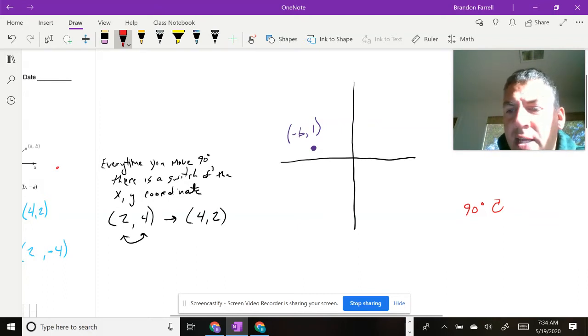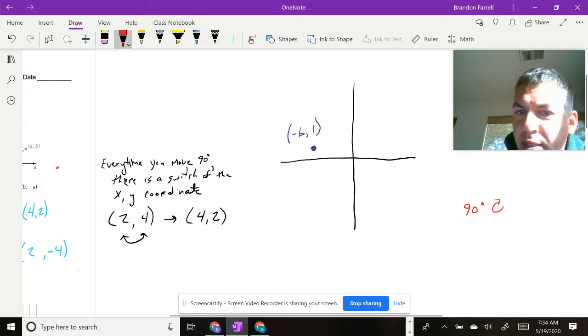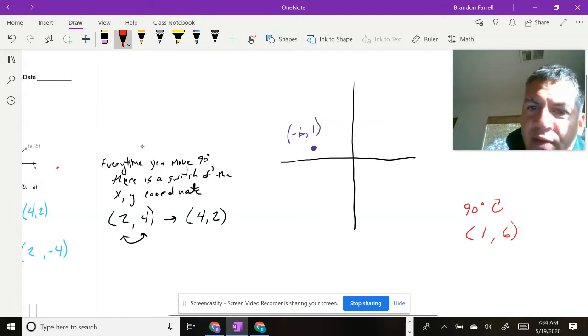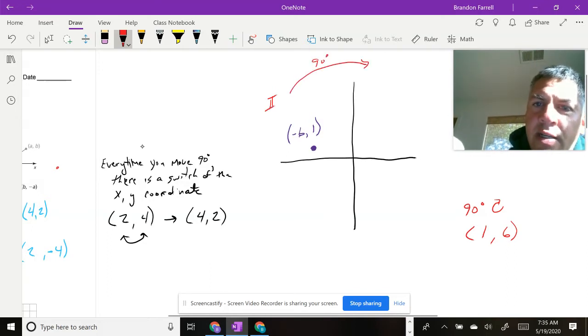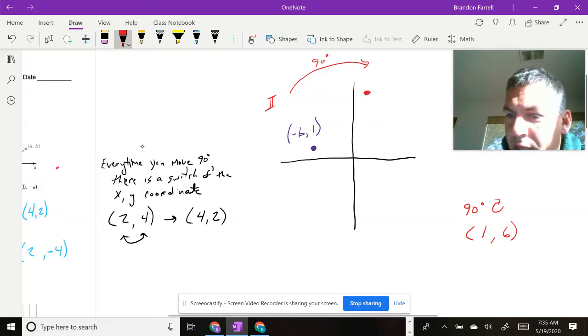If that's the case, then my movement is going to go from 1, 6, and I just have to figure out if I'm in the second quadrant, 90 degrees clockwise is going to put me in the first quadrant, and my x value and my y value are positive, positive.